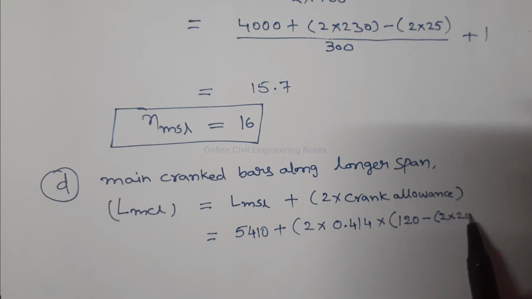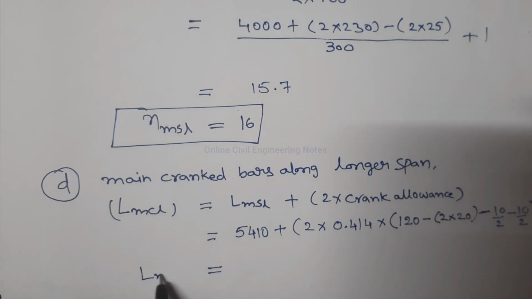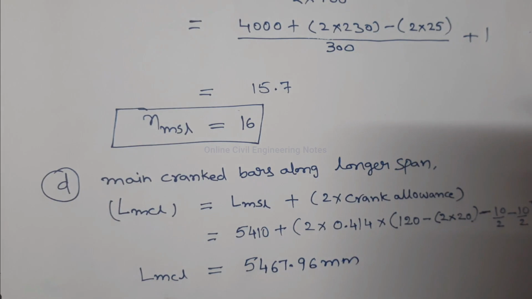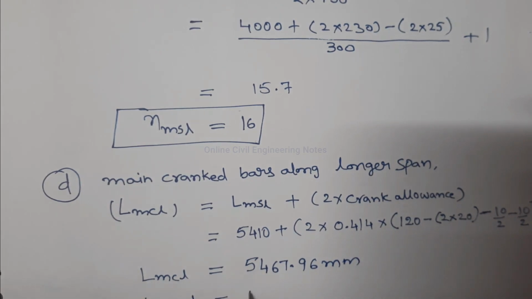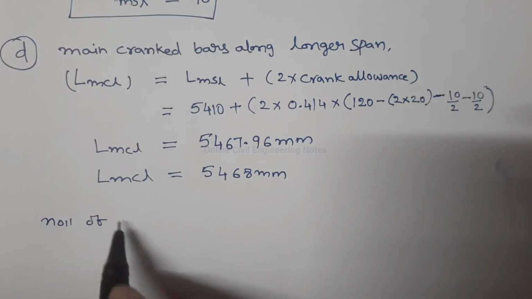Therefore, you can write 2 into 20 minus diameter by 2 minus diameter by 2. Here, main straight bar and cranked bar diameter is 10 mm in the longer span direction. Therefore, length of main cranked bar along the longer span is equal to 5467.96 mm. You can write it as 5468 mm.